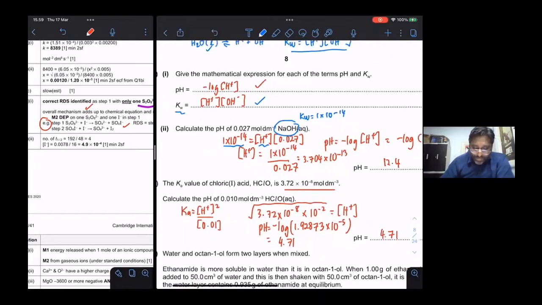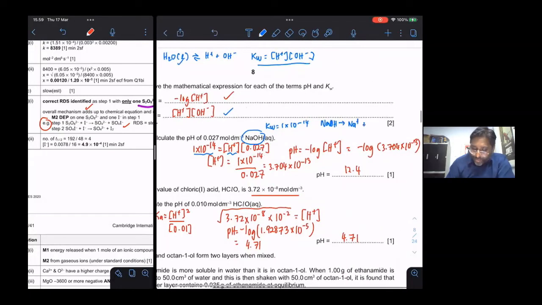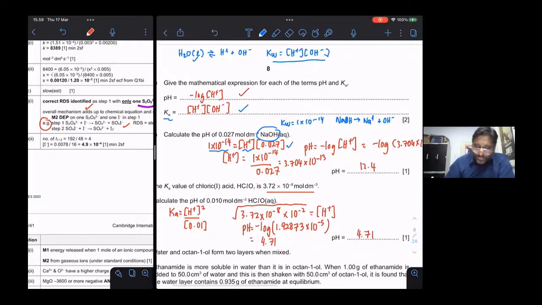But the OH-, we assume the OH- from the water itself is too little. We assume all the OH- is coming from the sodium hydroxide, because sodium hydroxide, when it dissolves, gives you 1 mole of Na+ and 1 mole of OH-. So if you are using 0.027, you have 0.027 over there. So you can calculate the concentration of H+, and after that you can calculate the pH. You will get 12.4.